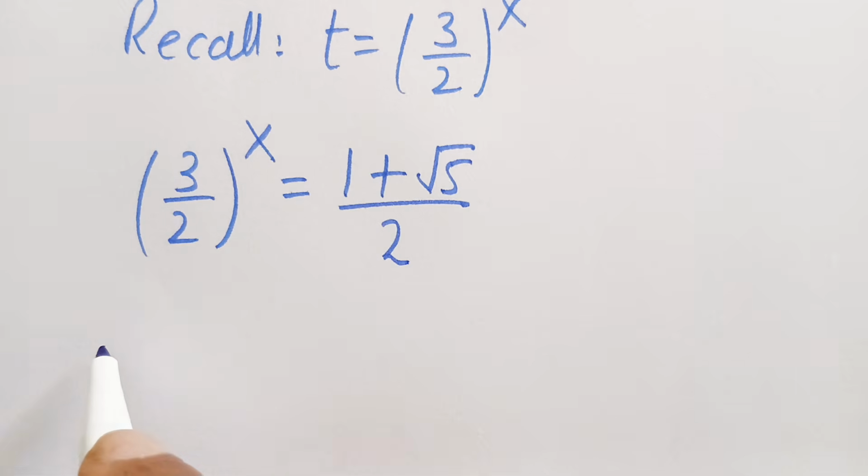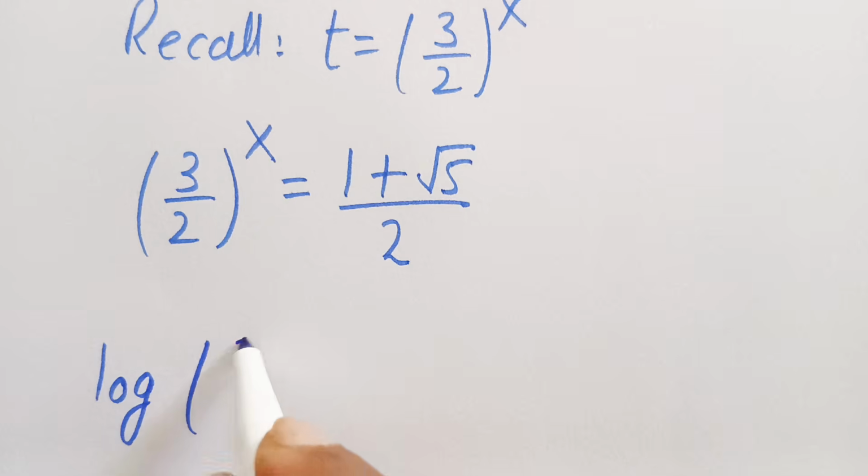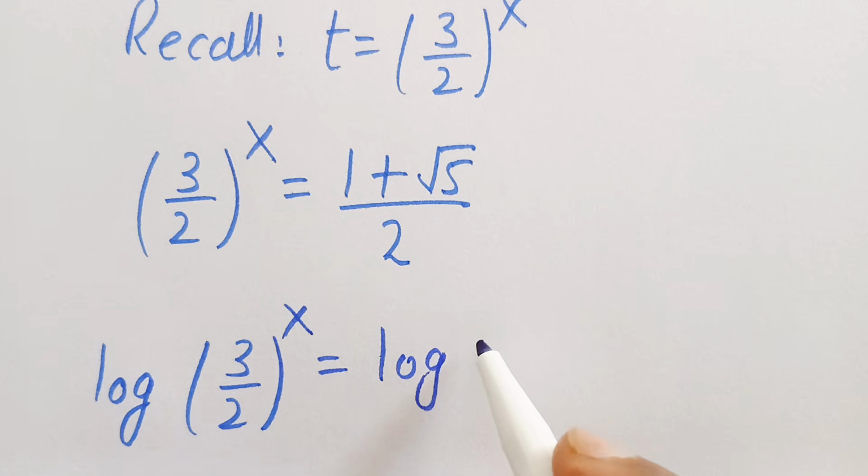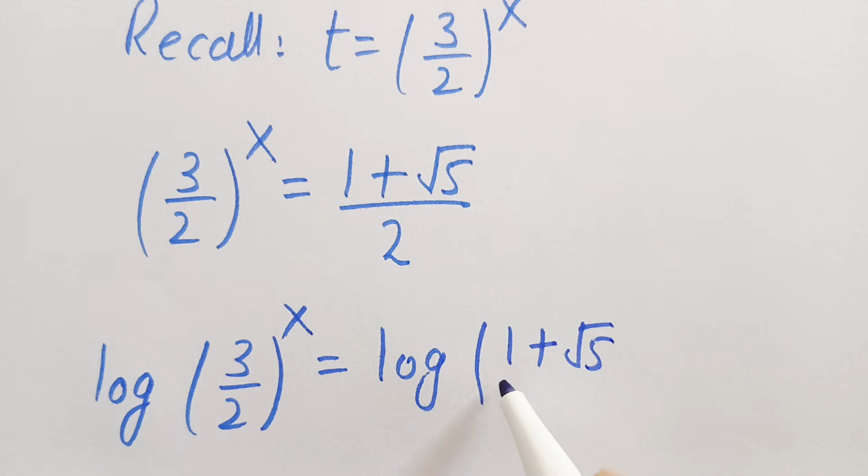Now by taking log on both sides, log 3 by 2 whole to the power x is equal to log 1 plus under root 5 divided by 2.